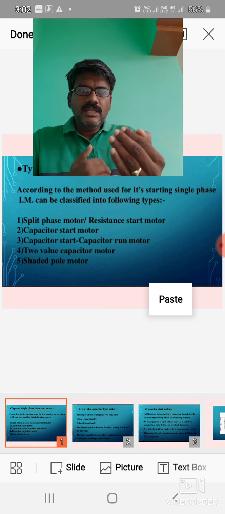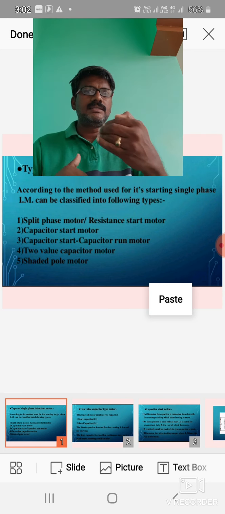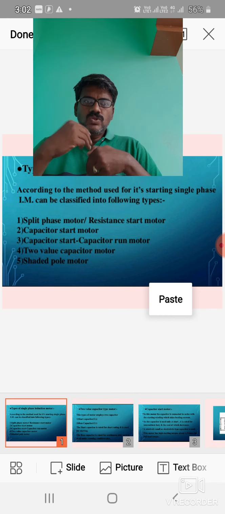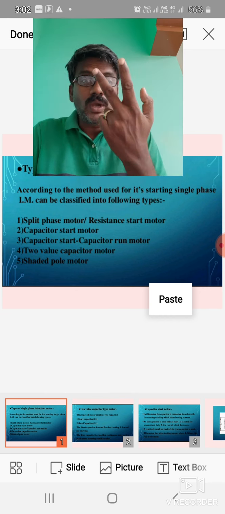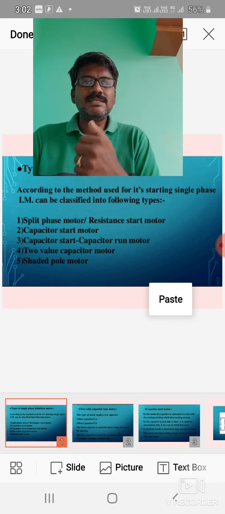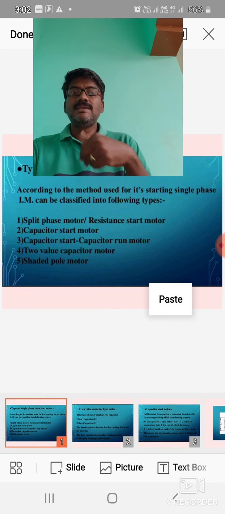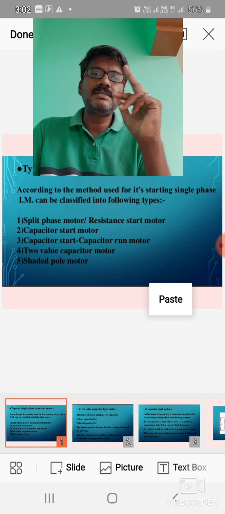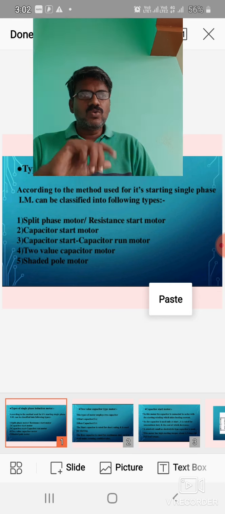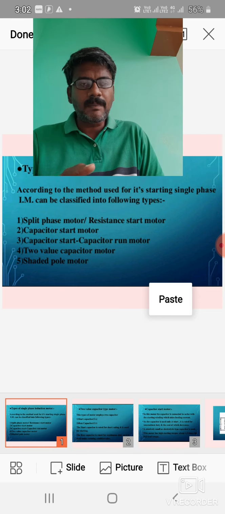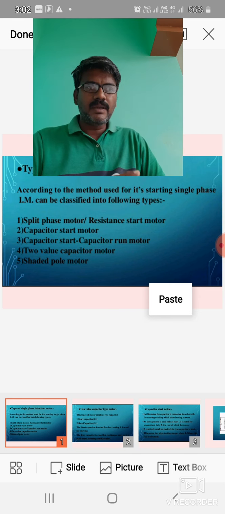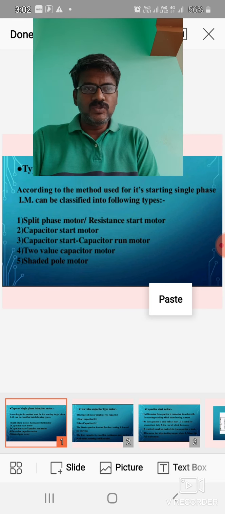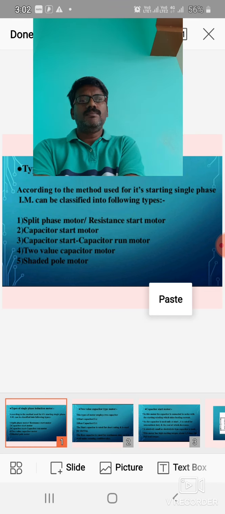There are some drawbacks in the third type, so we use two capacitors: the two value capacitor start and capacitor run motor. One is for starting purpose, another is for running purpose. Two different values of capacitors are connected, right?